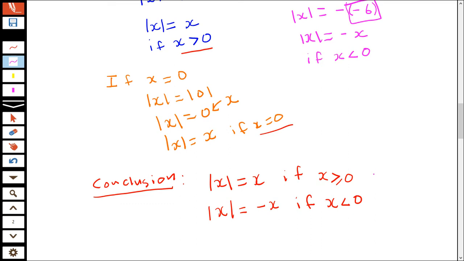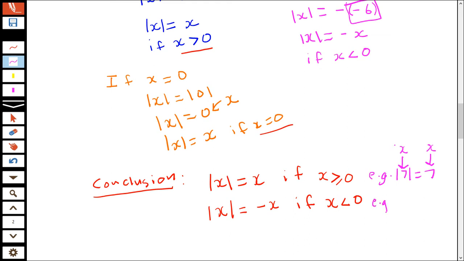So you could put a little EG after each one if that helps. Absolute value of 7 equals 7. Yeah. So there's your x, isn't it? So absolute value of x is equal to x if x is positive, all right? So what about this one?